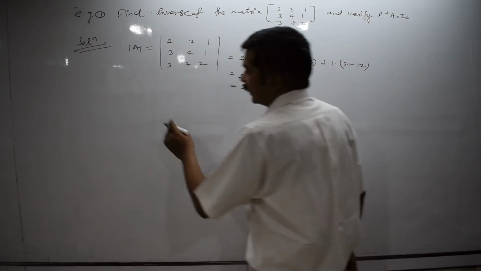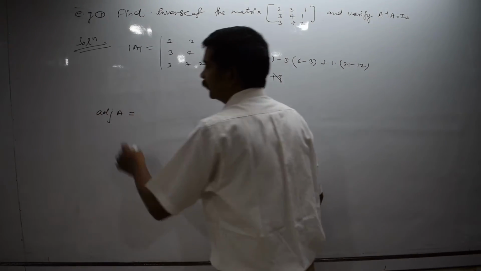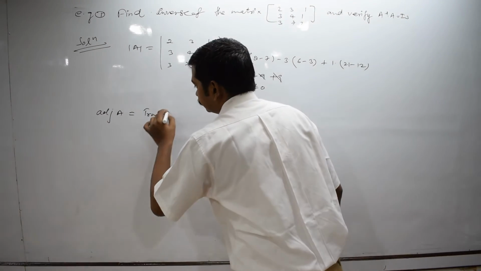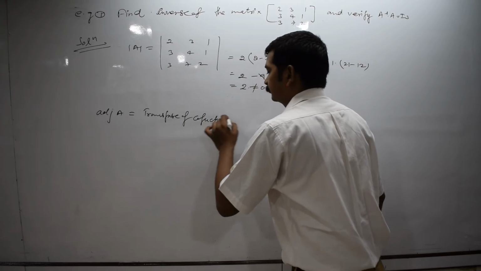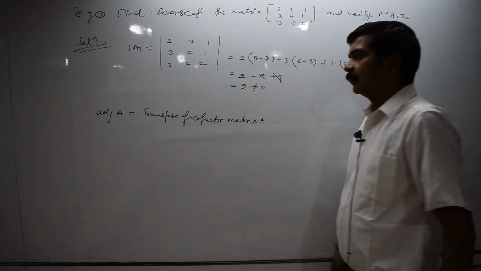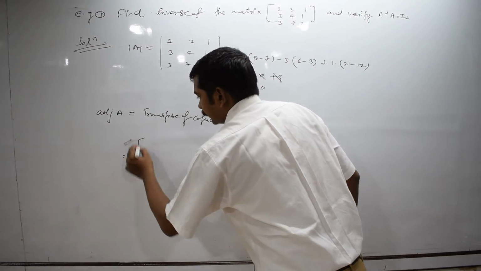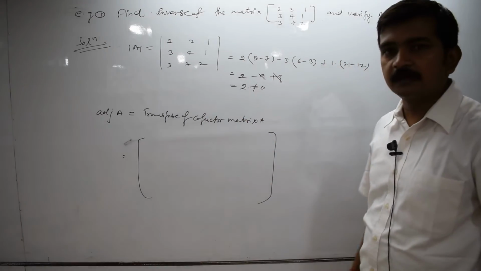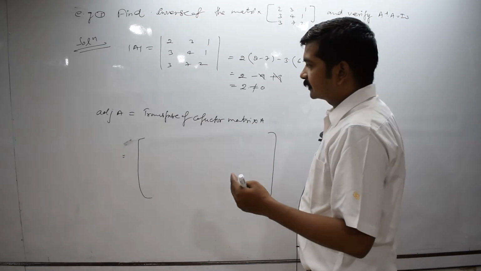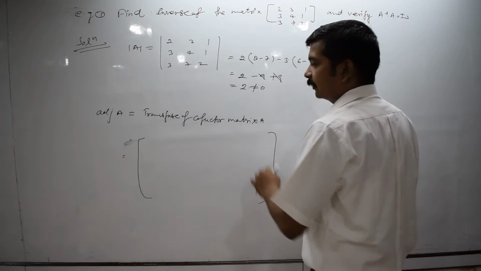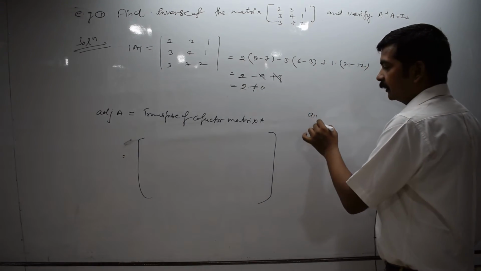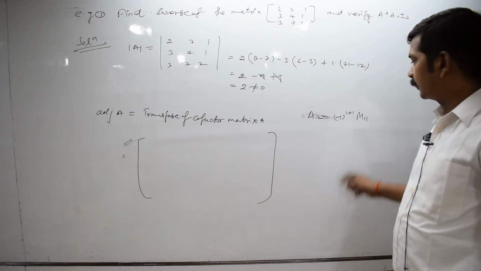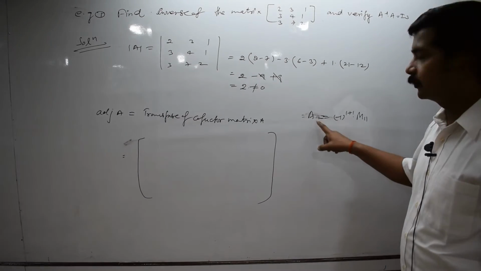So, next we find the adjoint of A. Adjoint of A, denoted by adj A, is the transpose of the cofactor matrix of A. Now, we know about the cofactor matrix, but in this case we use a very short method, which is very convenient to determine adjoint A. Adjoint matrix equals the transpose of the cofactor matrix, and we know that the cofactor with respect to any element A11, denoted by capital A11, equals minus 1 power 1 plus 1 times M11, where M11 is known as the minor with respect to element A11.